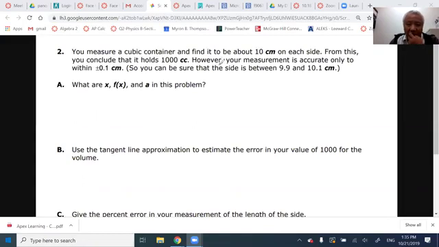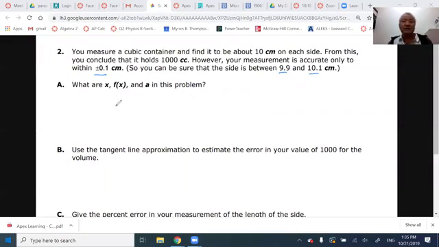However, your measurement is actually only within plus or minus 0.1 centimeter. So you can be sure that the size must be between 9.9 and 10.1, right? What are x, f(x), and a?